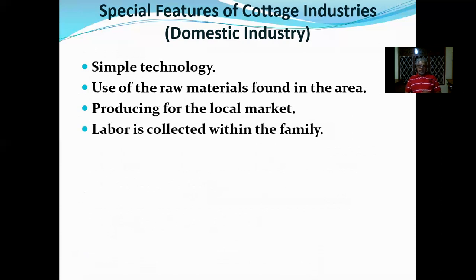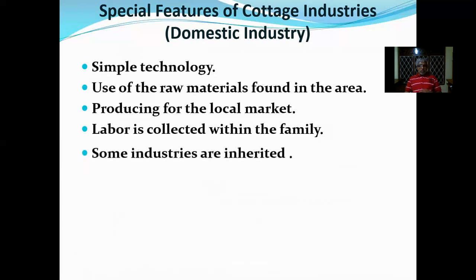No hired workers are used. Sometimes father, mother, children, or uncle, auntie, grandpa, grandma, the family members participate in producing these items. They utilize their labor in that industry. Therefore, labor is collected within the family.